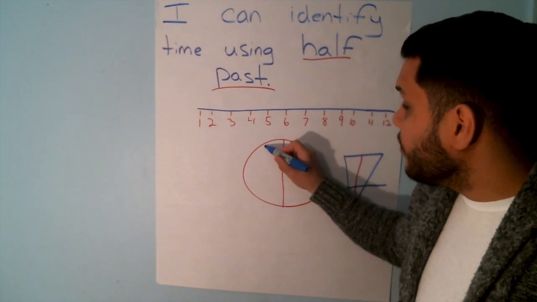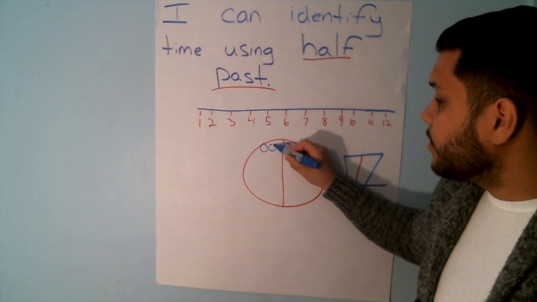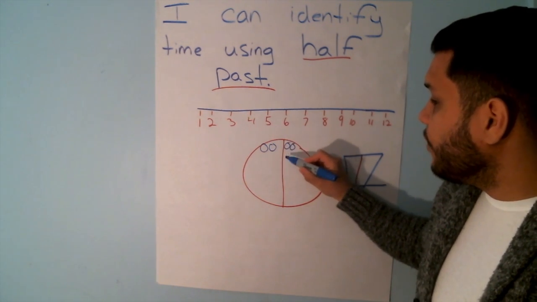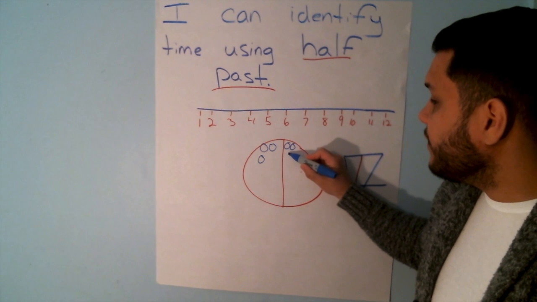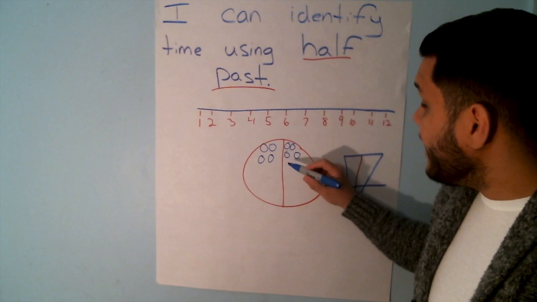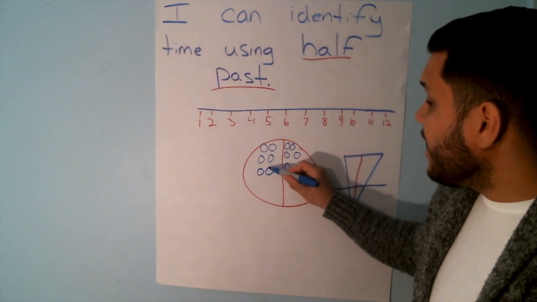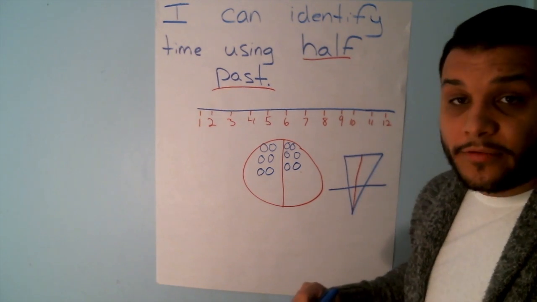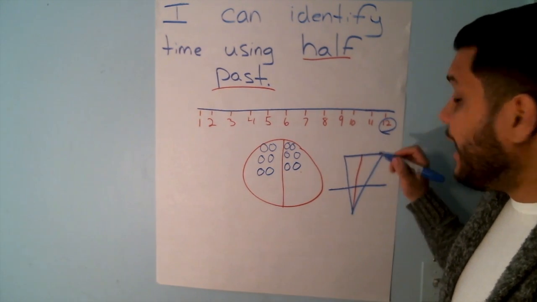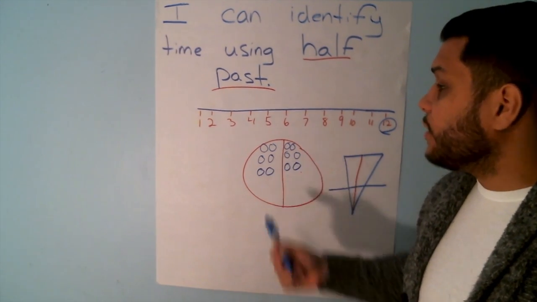So we have 1, 2, 3, 4, 5, 6, 7, 8, 9, 10, 11, 12. Did I stop at my whole number? Yes, I have 12 in all.